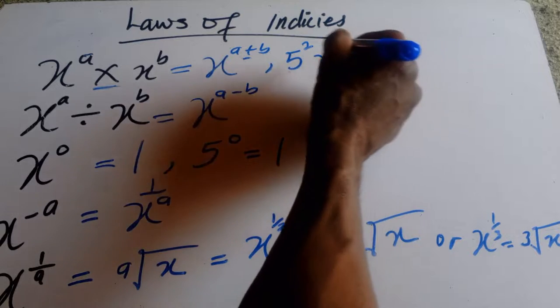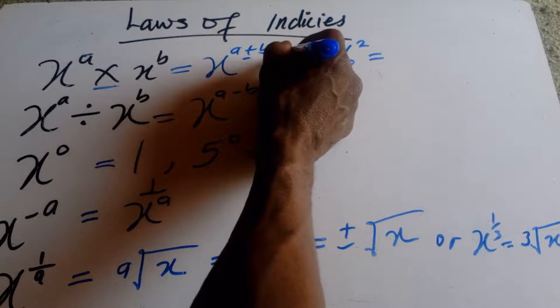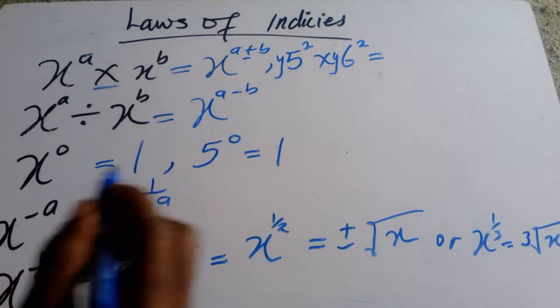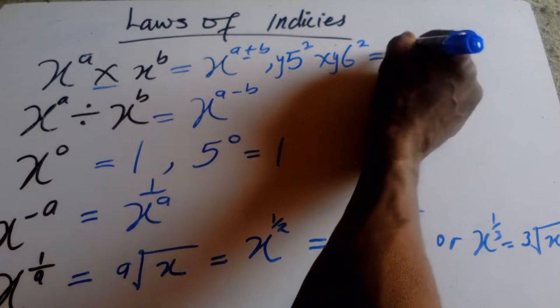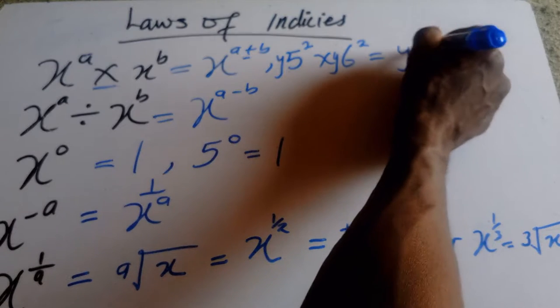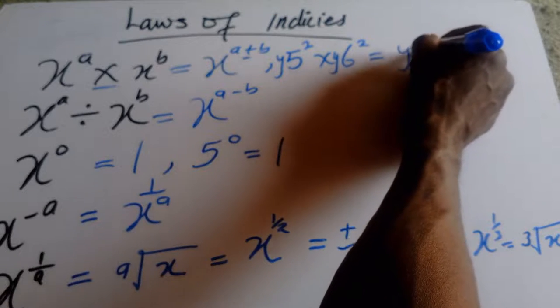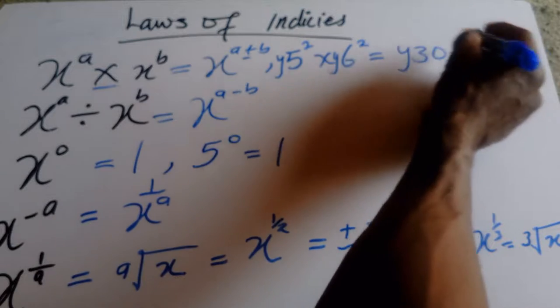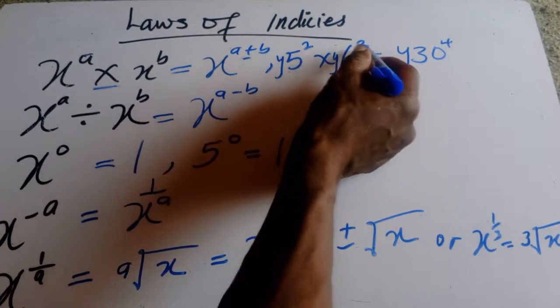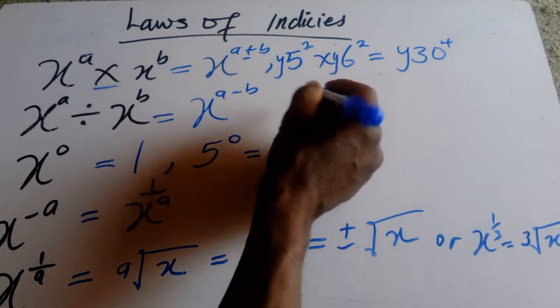Or if 5 containing y, here containing y again, since the y is the same, you can take only y, then you can multiply 5 times 6 as 30 raised to the power 4, because 2 plus 2 gives 4.